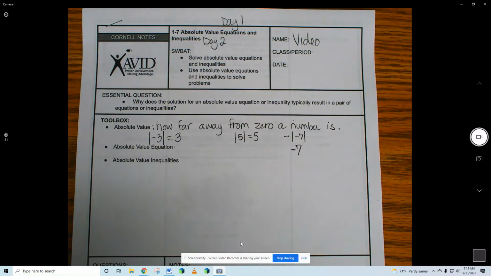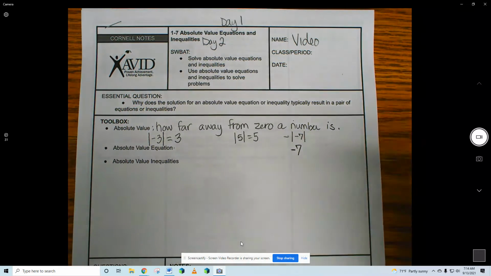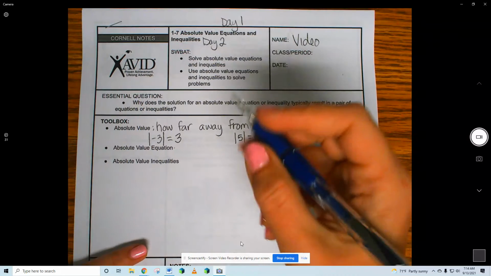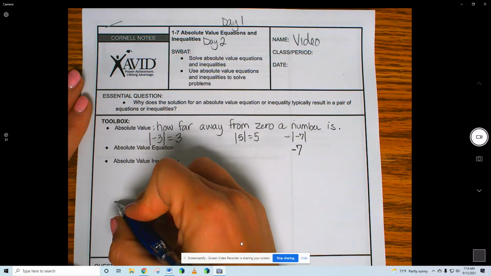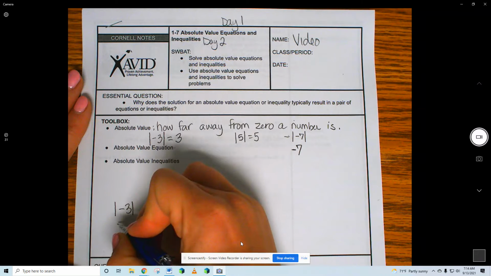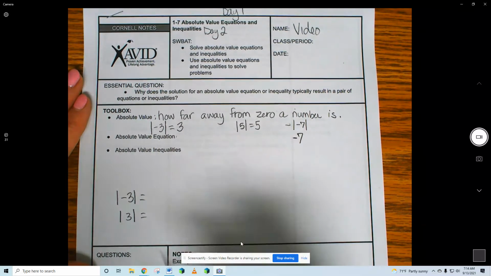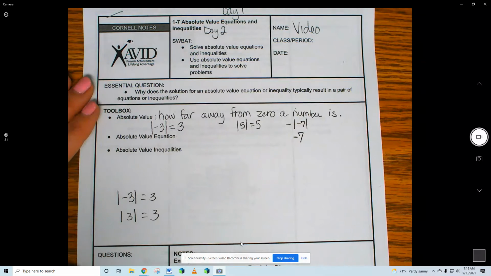In the equations we're going to solve today, there's going to be an absolute value symbol in the math problem. So if I said, okay, the absolute value of -3 and the absolute value of 3, aren't these both, as we just talked about, going to come out as 3 spaces away from 0?